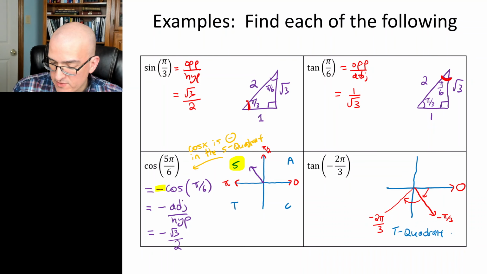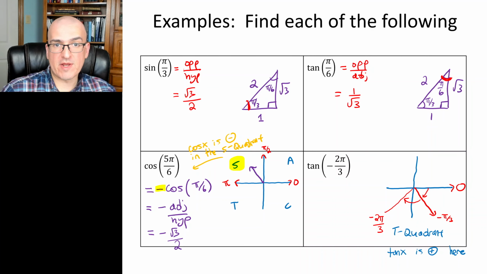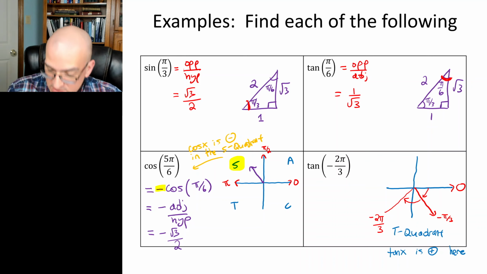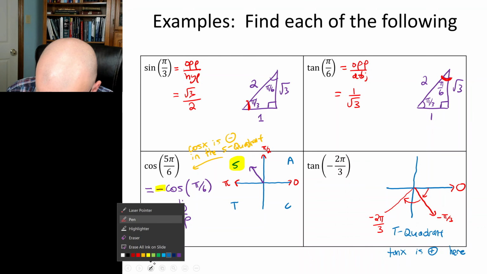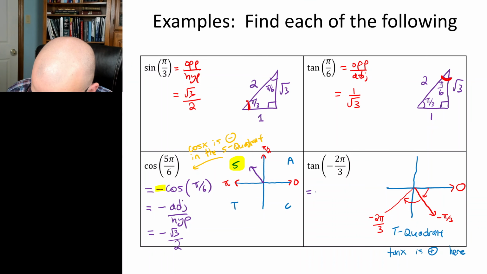And inside the t quadrant, the tan function is positive. So we've used the quadrant information, including the fact that we went into a negative angle. We're using that quadrant information to say that this is going to be plus the tan of just pi over 3.